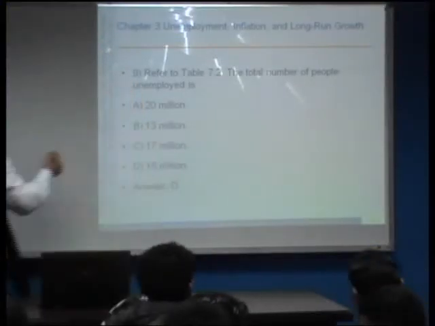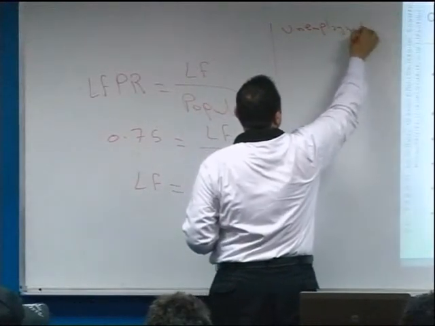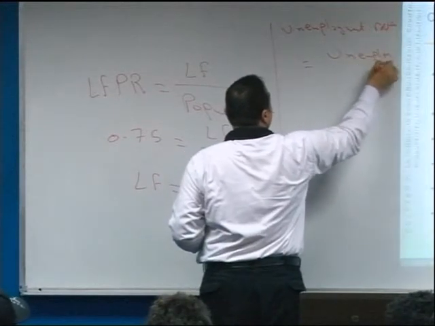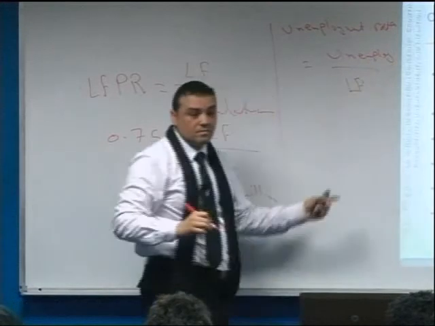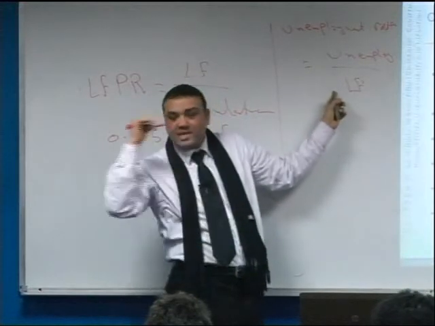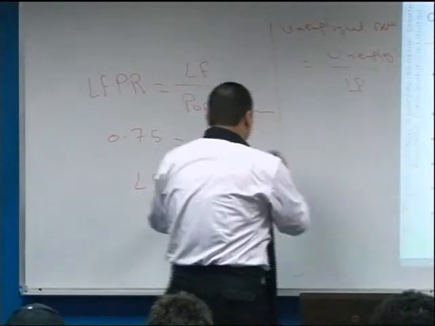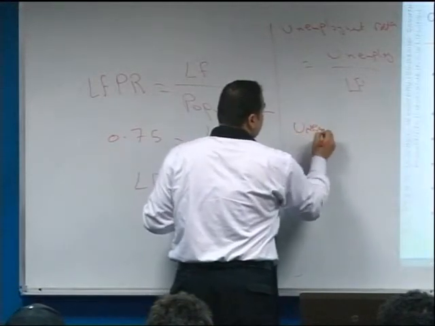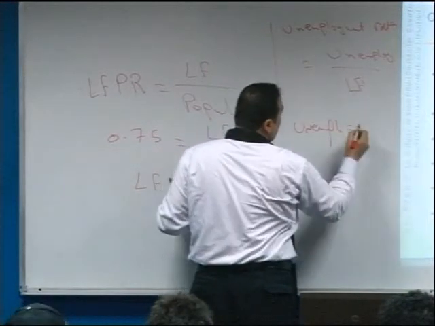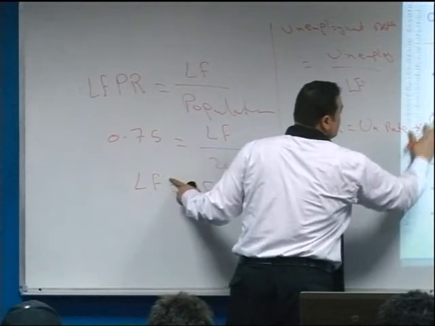For unemployment rate, as you know, that unemployment rate equals what? Unemployed over the labor force. Unemployment rate is given. The labor force is already calculated, so we can derive the number of unemployed, right? So the number of unemployed equals what? Unemployment rate times the labor force.